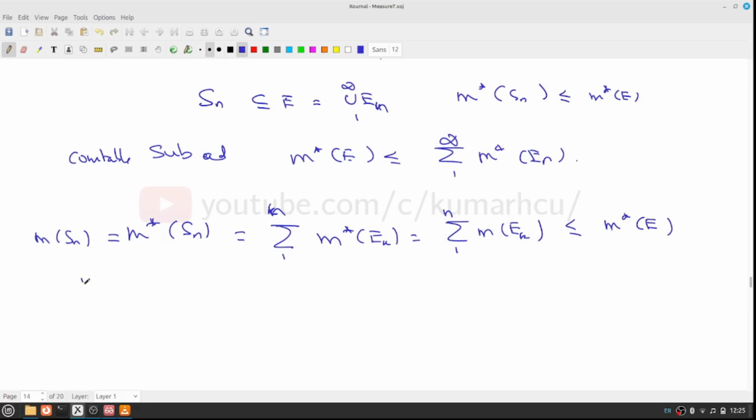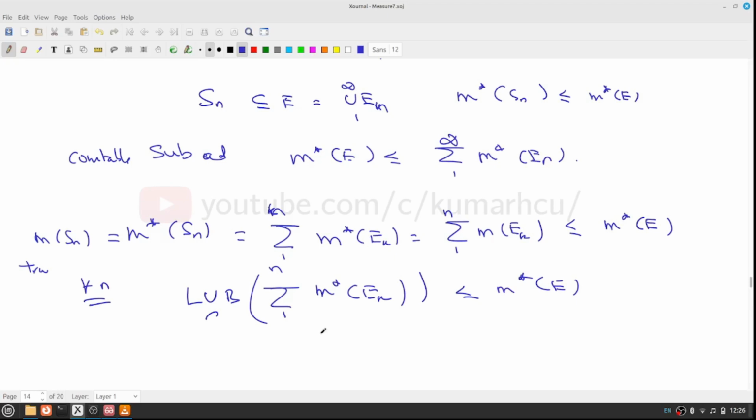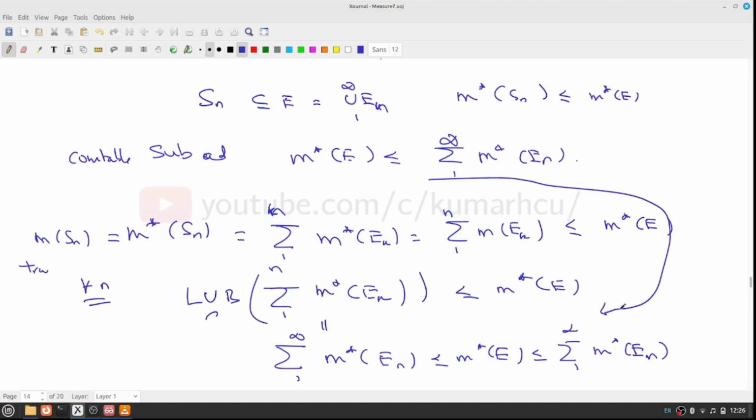But this is true for all n. That means the supremum of the sums of m star of Ek, 1 to n, is less than or equal to m star of E. By definition this is the sum of the infinite series m star of En, 1 to infinity, which is less than or equal to m star of E. But by countable subadditivity, m star of E is also less than or equal to it.